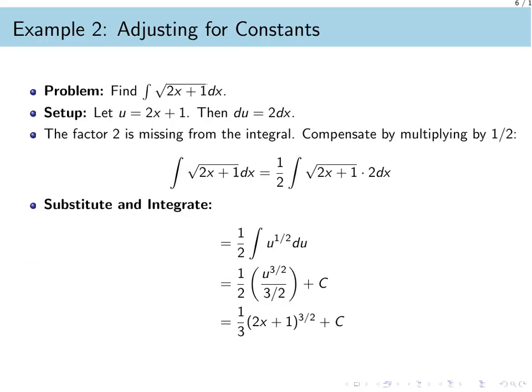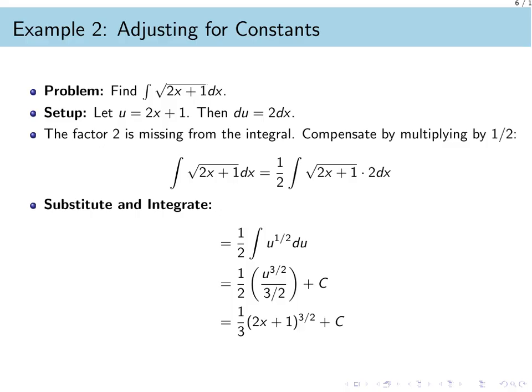Sometimes the derivative of your chosen u matches the integrand except for a constant factor. Here, we choose u equal to 2x plus 1, which gives a differential du of 2 dx. However, the integral only contains dx, missing the factor of 2.